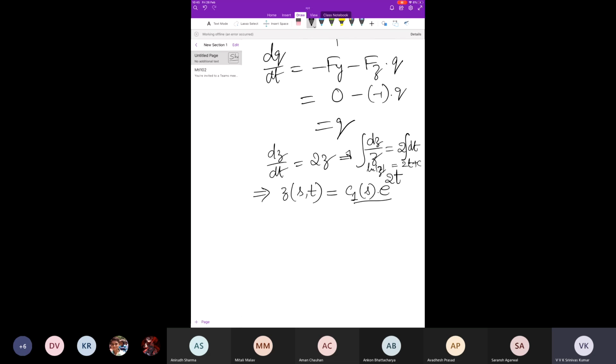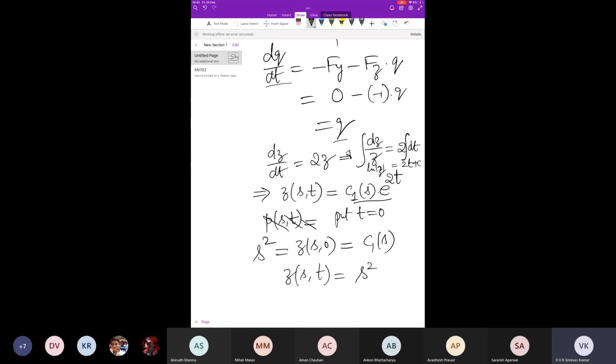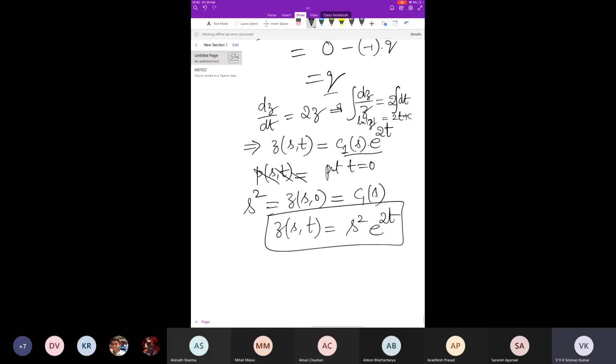Now substitute t is equal to 0: Z0 is equal to C1s, that is equal to s square. So ZST is equal to C1 s square exponential 2t. This is the final answer.